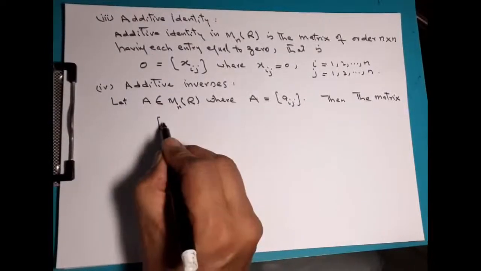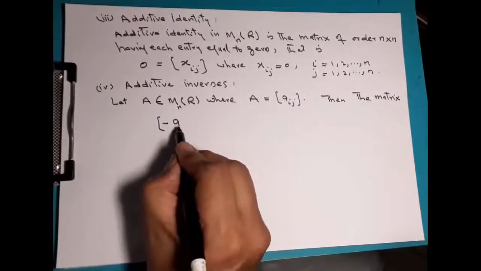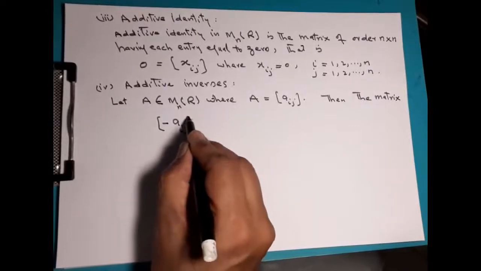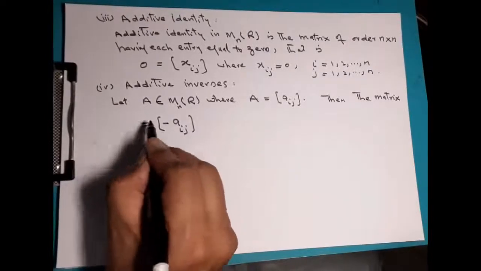Change the sign of each entry. So mine is Aij. And we denote this matrix by minus A.